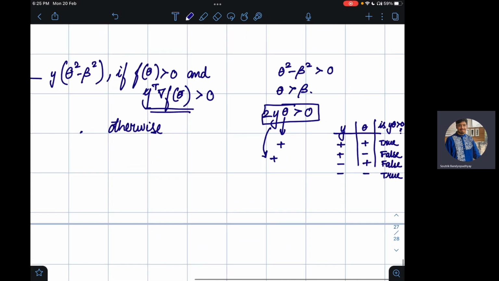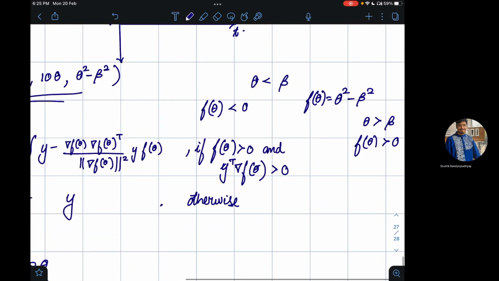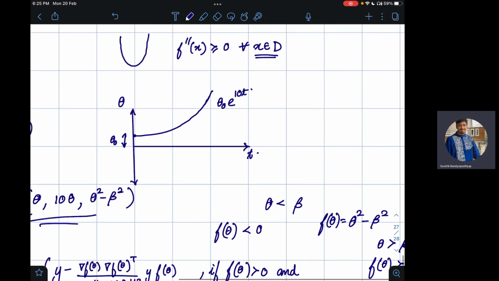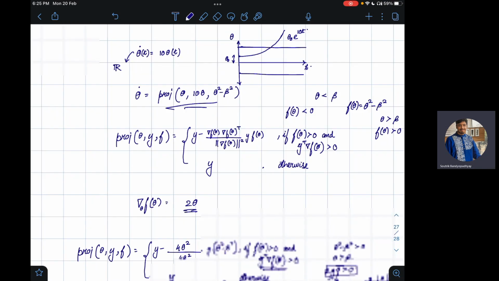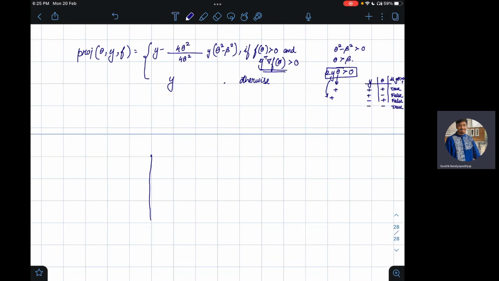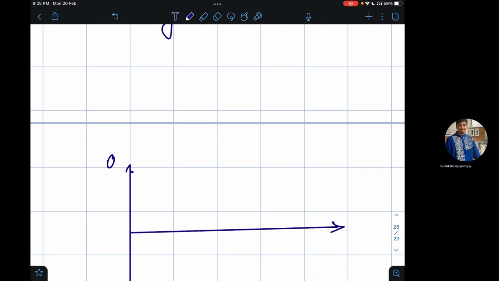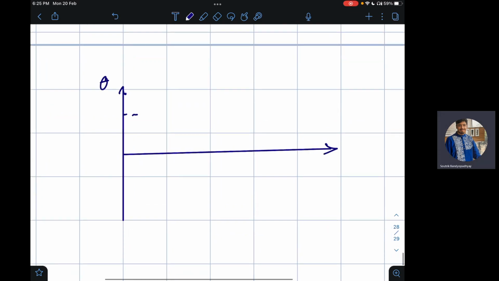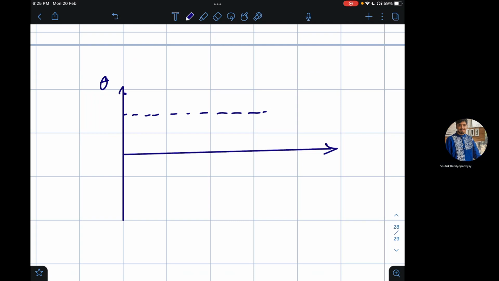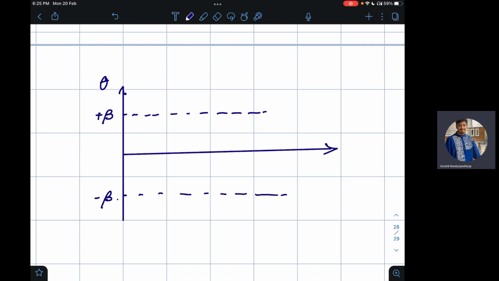In other words, let's say this is the overall bound for theta. So let me redraw this over here again. I have this theta over here, and I have this line, which is positive beta and negative beta, respectively.